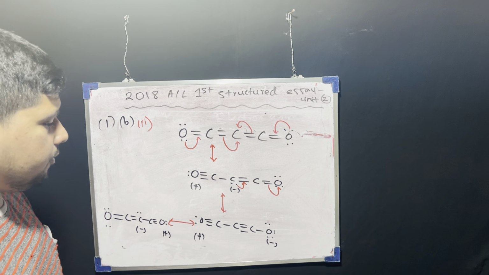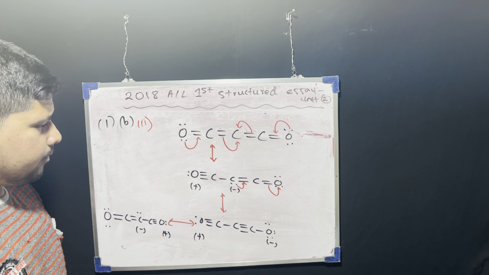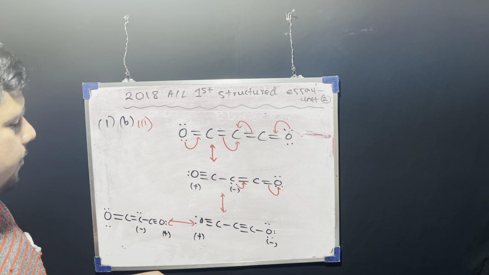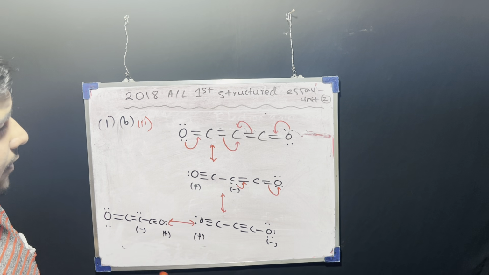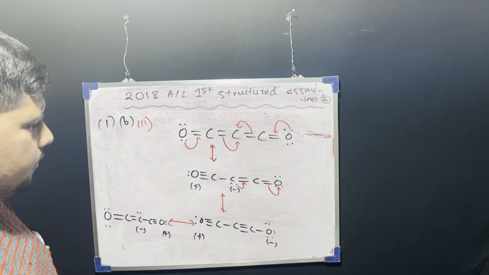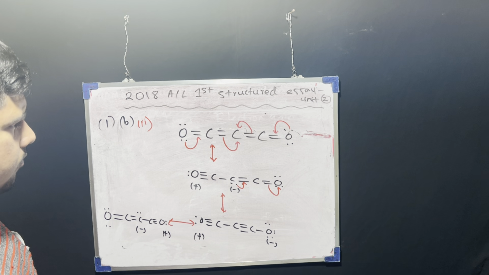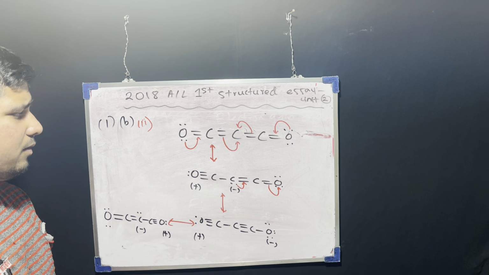What else can I draw? They have told us to draw 2, but here I have drawn 3. You can draw further resonance structures also. You can think and do it, right?